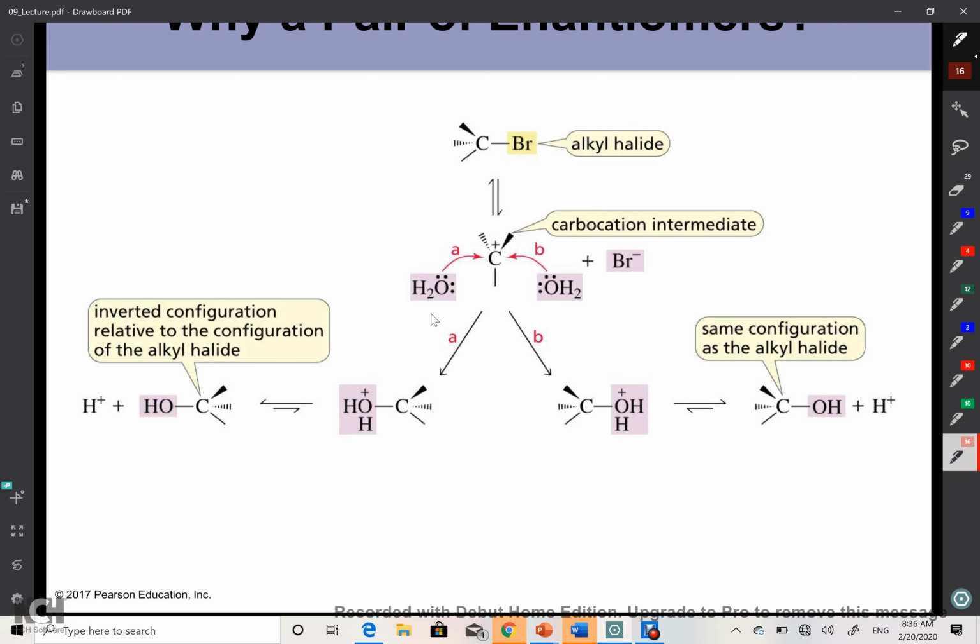If it attacks from the B side, then you end up having this other product. One of them will be R, one of them will be S. That's how you form those two products. So if in class I ask you a question and I want the stereochemistry, you need to tell me that it will either give you a racemate or something else. You must give me that stereochemistry. It's important.